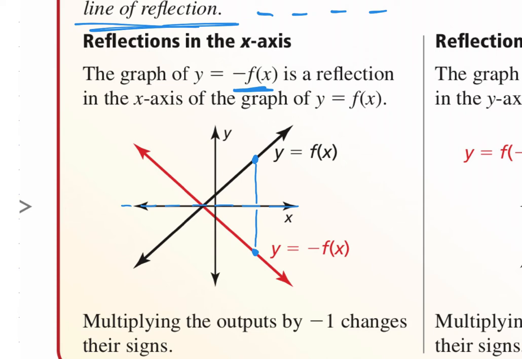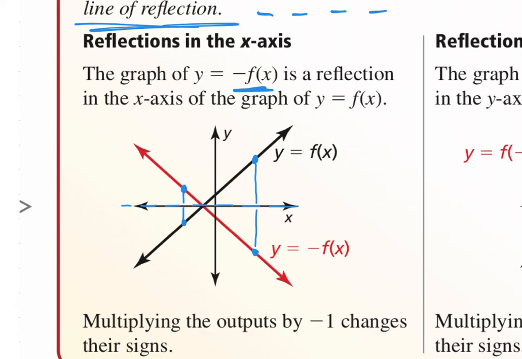Let's take a point down here. We're reflecting that point all the way over the line of reflection to the same point on the other side. So essentially, if you do that for every single point of the black line, you end up with the red line, where you flipped it over the x-axis.